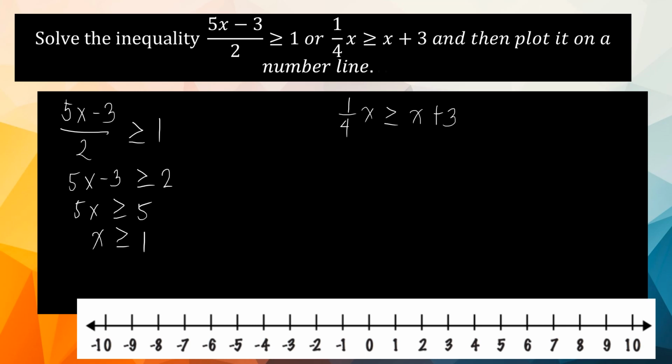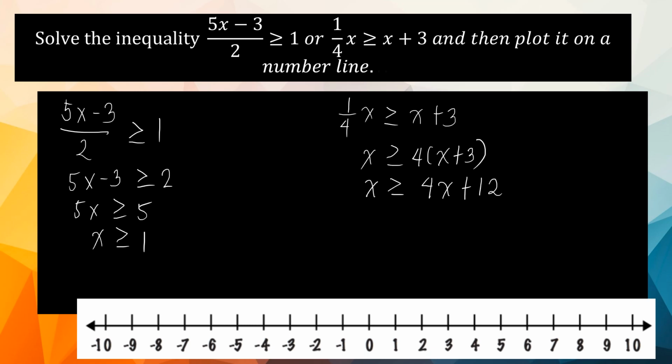Let's solve the other one. Same thing, let's cross multiply. Multiply by 4, so we will only have x here. And this will become 4 times x plus 3. Then distribute 4, so this is 4x plus 12. Then let's combine like terms. Let's move x to the right side and 12 to the left side.